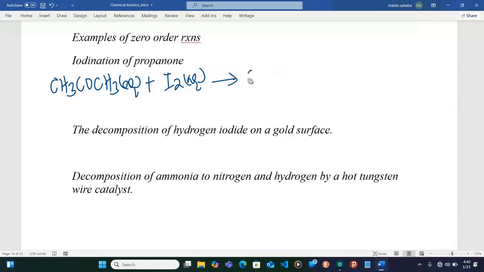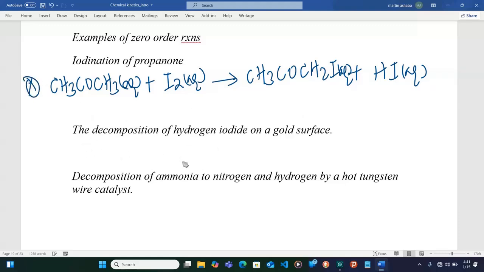So this is going to be CH3COCH2I, and we are giving you iodine there, then plus we are adding hydrogen iodide. So then that is one example.